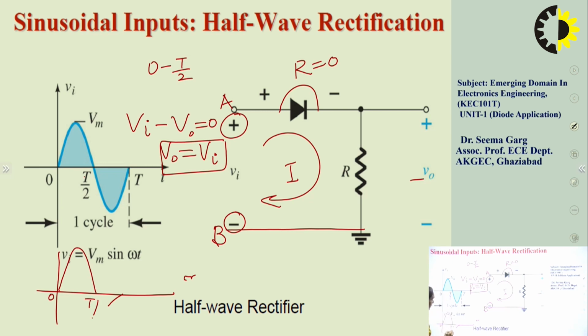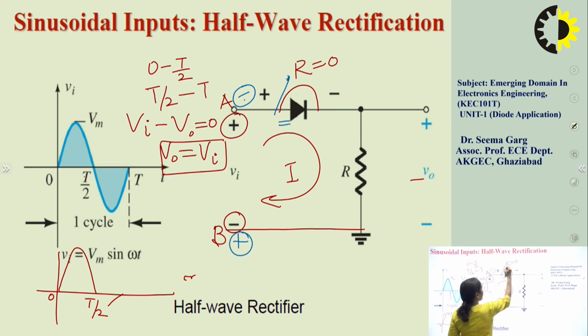Now coming to the negative half cycle, T by 2 to T time period. During this time period, terminal A will be at negative potential and B will be at positive potential. So this will make the diode an open circuit.